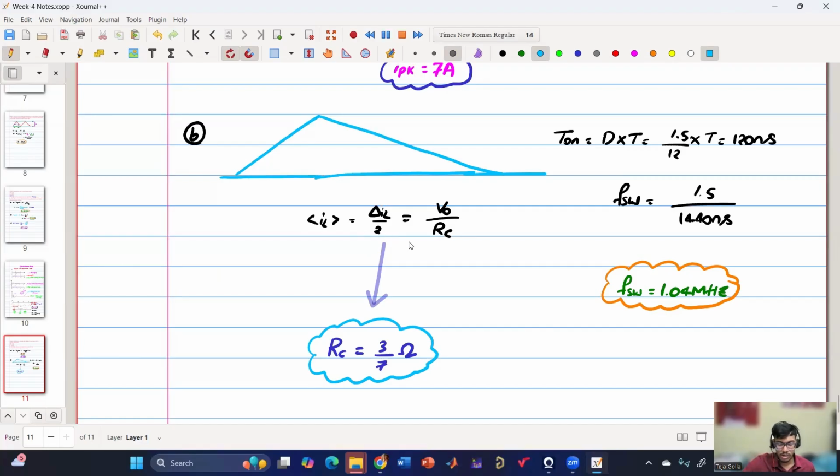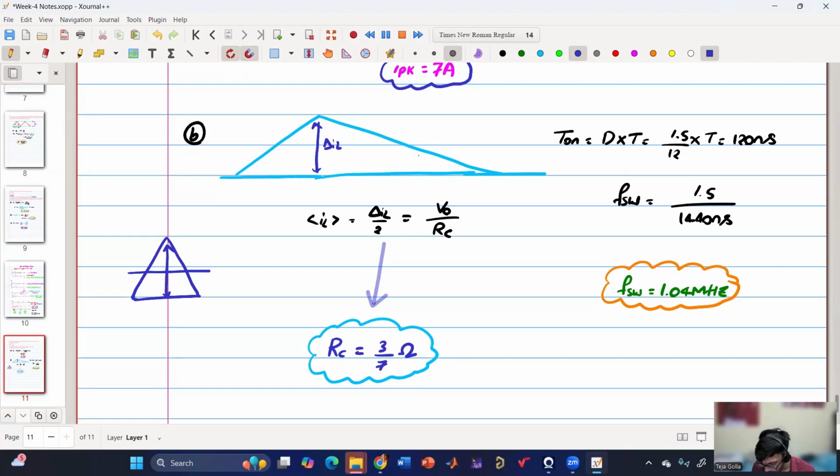Okay, so at CRM operation, we know that this is delta here. And then in the triangle property, if we have a triangle, then the midpoint or the average in terms of inductor current is half of the height, right?